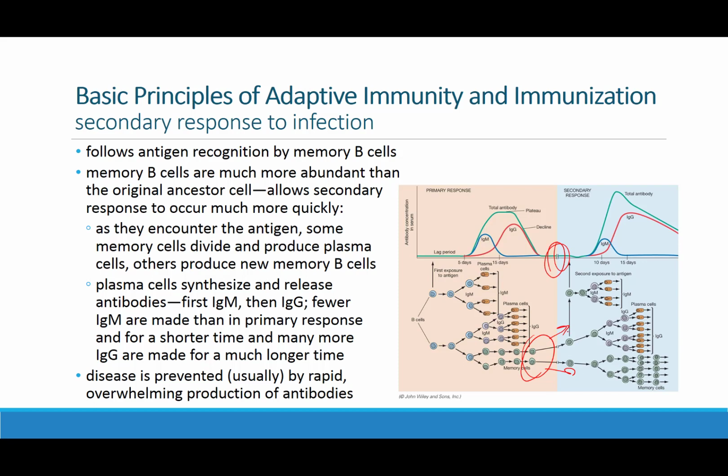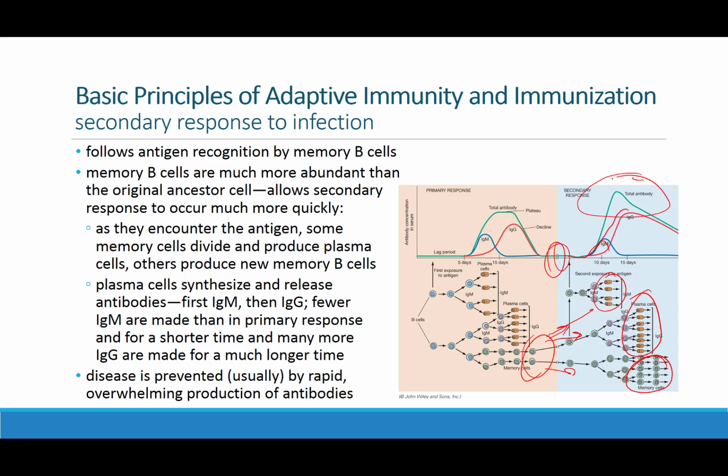So here we see, once again, IgM is produced first, and then IgG second, but again we produce a whole population of memory cells as well. As those plasma cells start producing IgM, we see a response, but what we see is a huge response in IgG. So overall, the response is much greater in the secondary response.